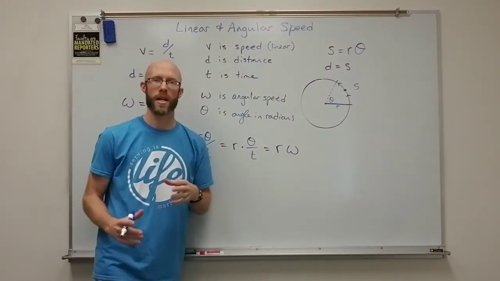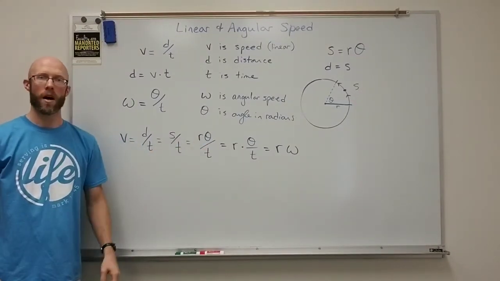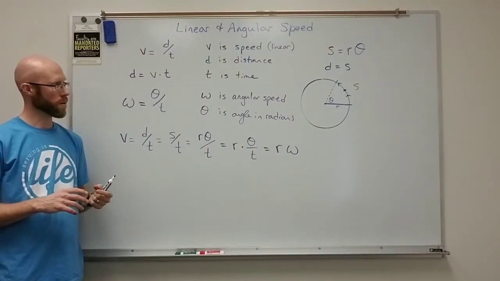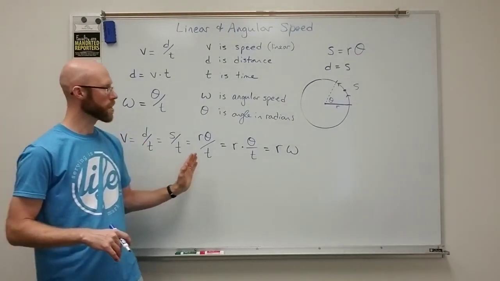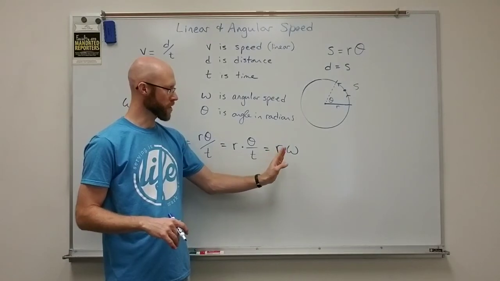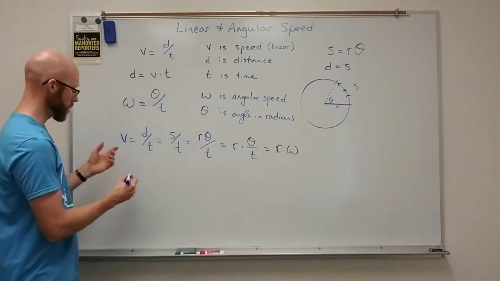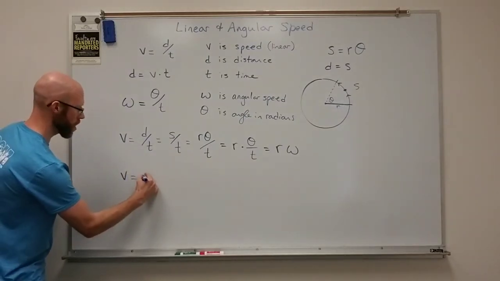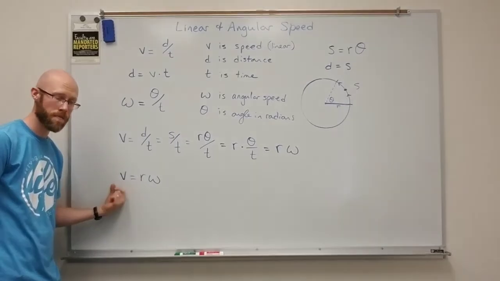All right. And so that's a relationship that we're going to be using now to determine the linear speed of an object if we're given the angular speed, or vice versa. So if we now know that v is equal to r omega, if I know omega, I can find v.